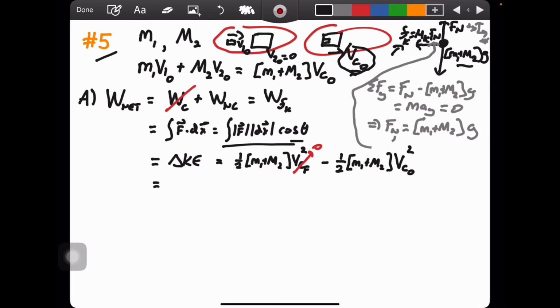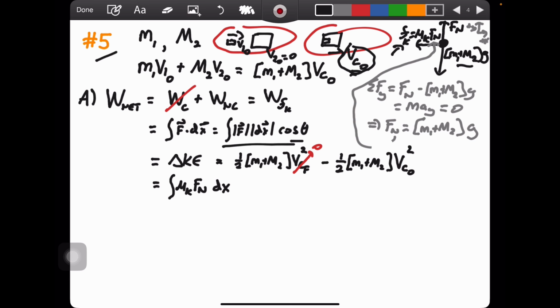So more specifically, I can say that the integral of the magnitude of the force is going to be the coefficient of kinetic friction, the normal force, dx.